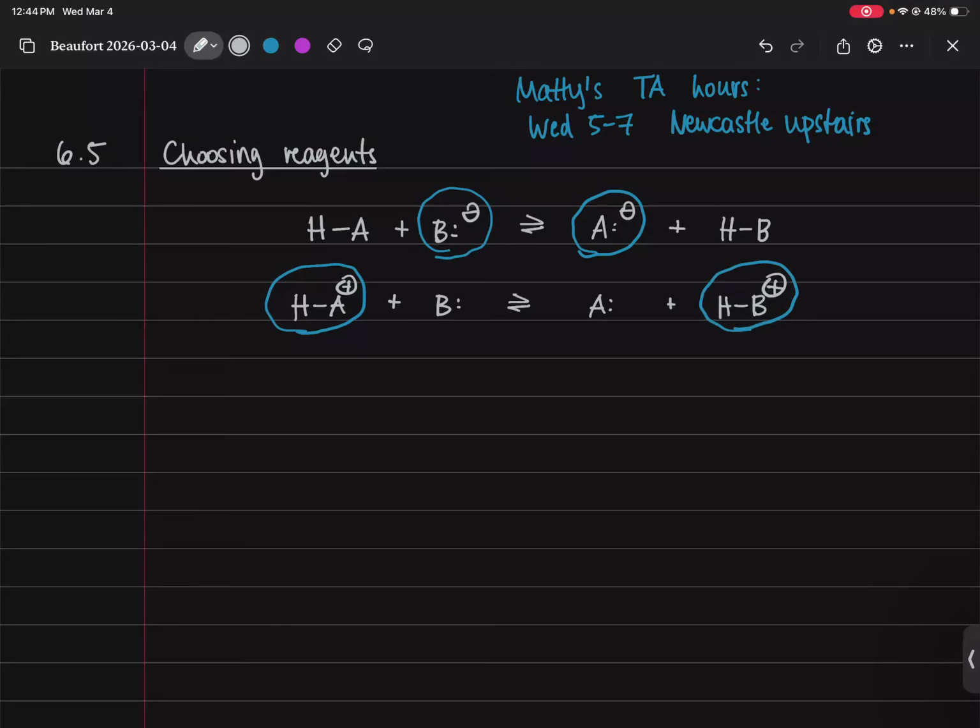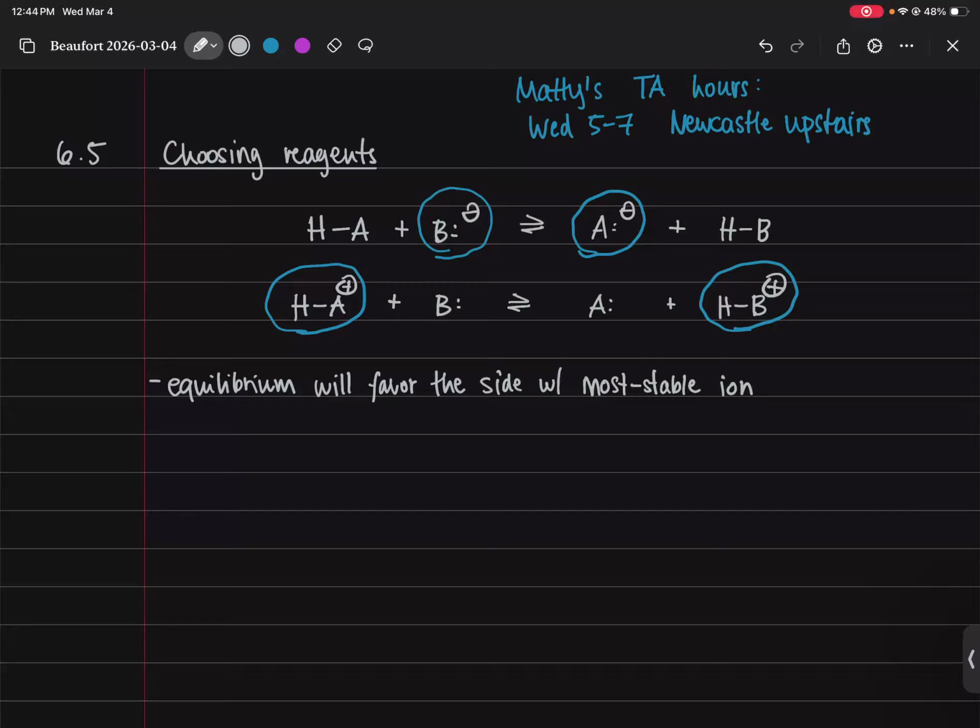And regardless of what A and B are, the equilibrium will favor the side of the equation with the more stable ion.